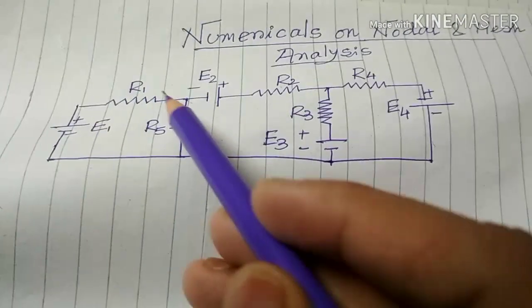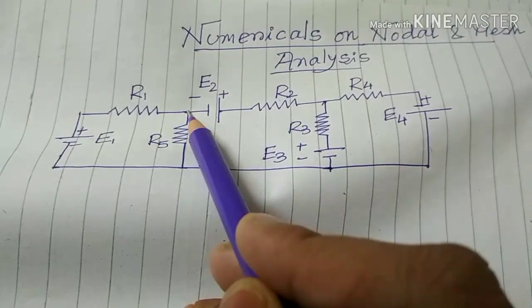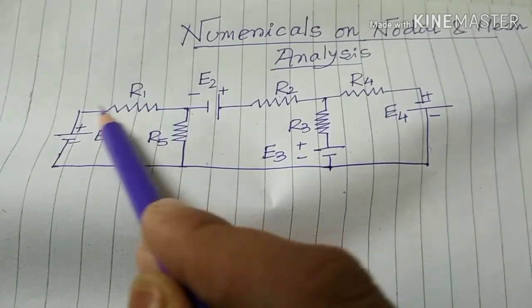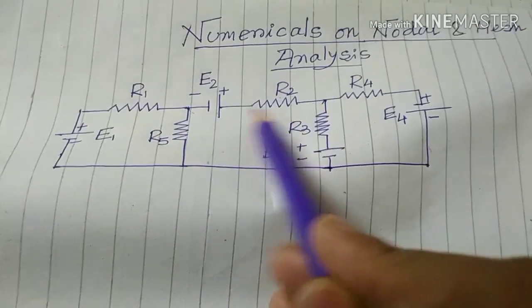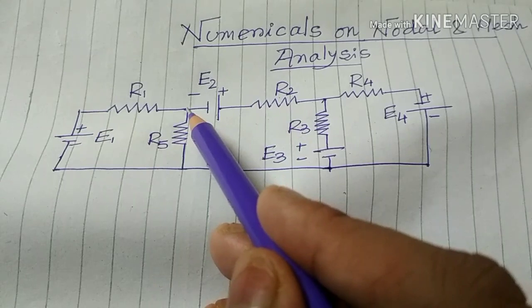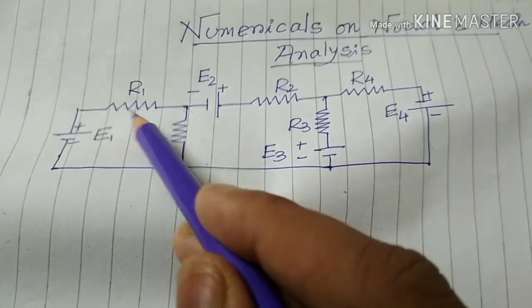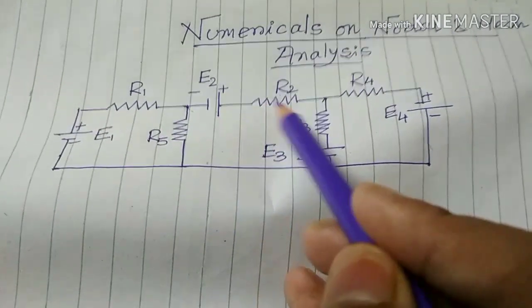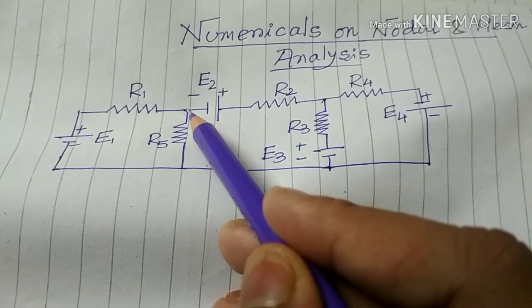In this circuit, at this point, there are three branches connected, and they are all circuit elements. So this is called a node.